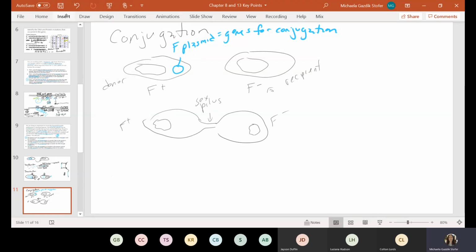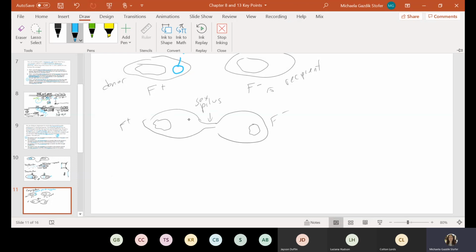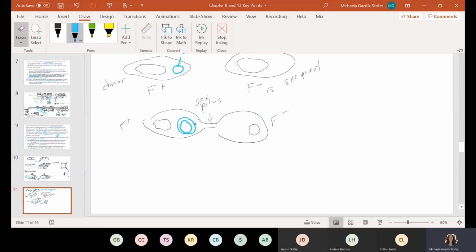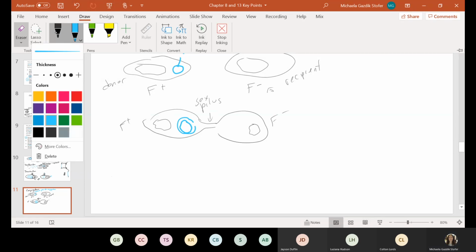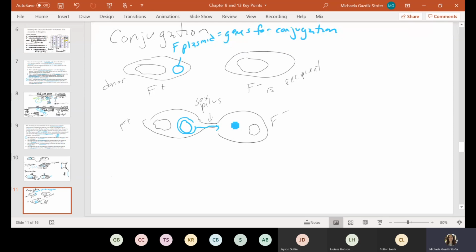This F plasmid is going to do what we call rolling circle replication. If I draw it more correctly, remember DNA is double-stranded. What ends up happening is that you nick this outside strand, and then you drag the outside strand into this new cell.